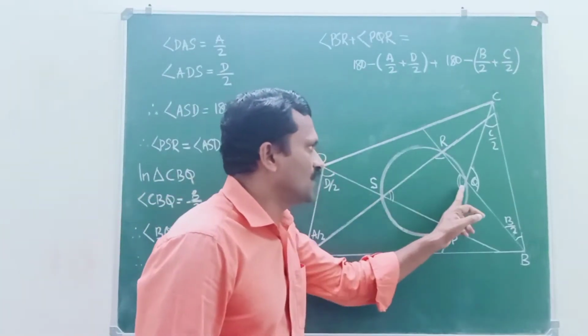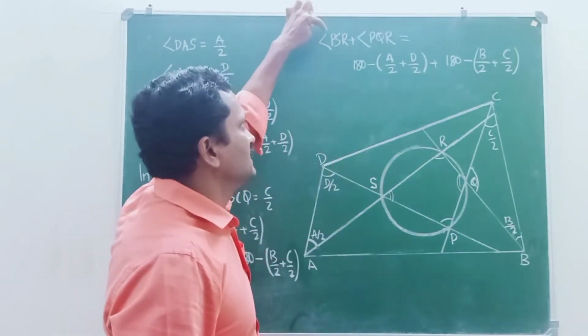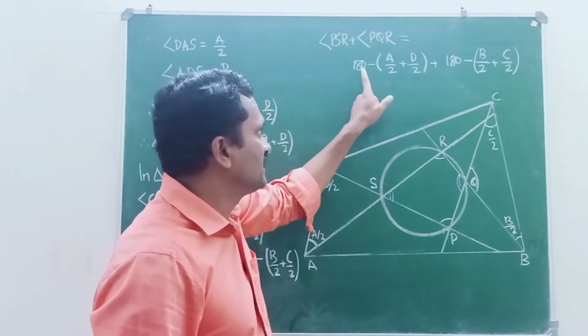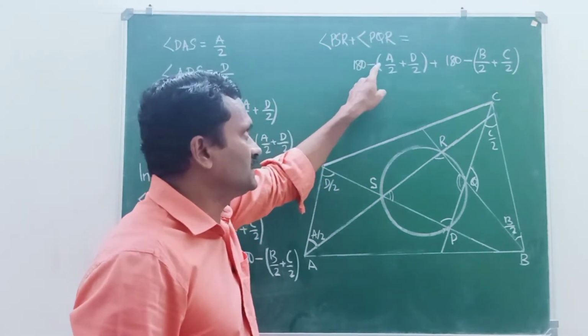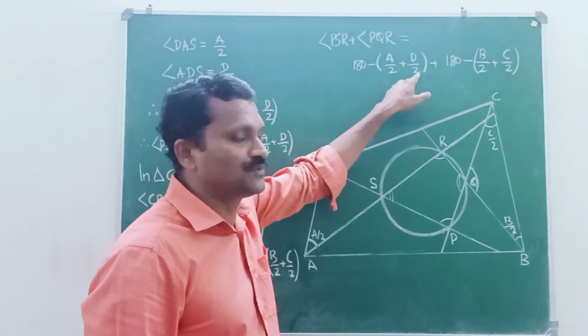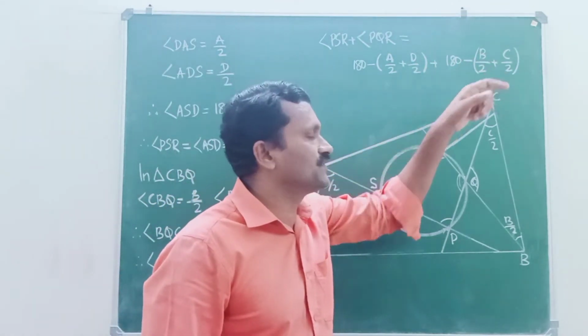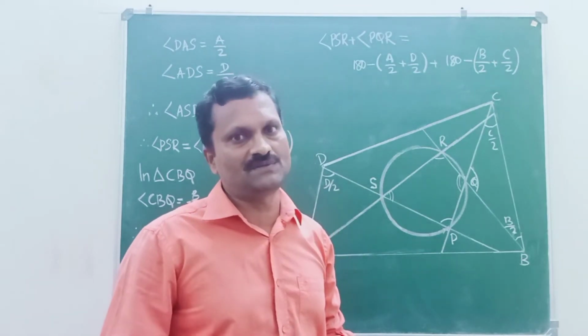Therefore, the sum of the opposite angles, angle PSR plus angle PQR, is equal to 180 minus (A by 2 plus D by 2) plus 180 minus (B by 2 plus C by 2).